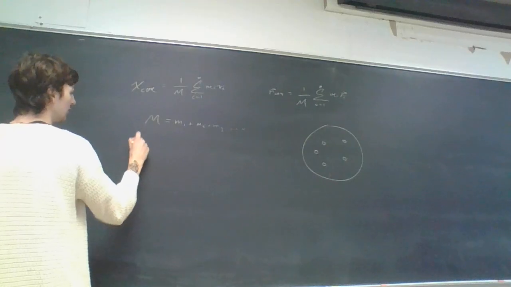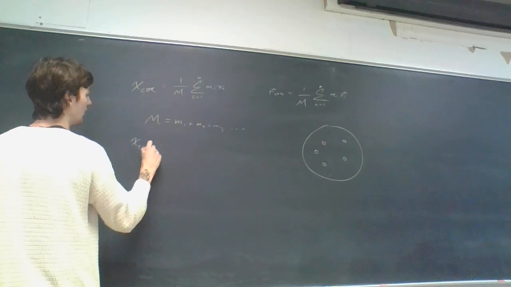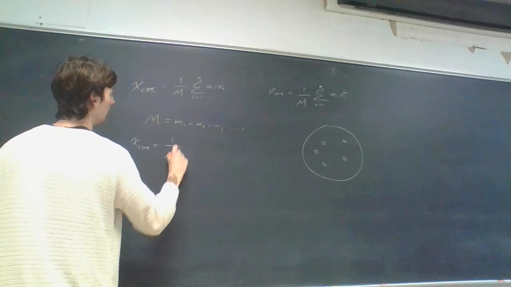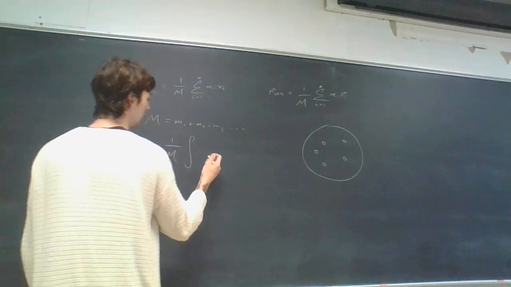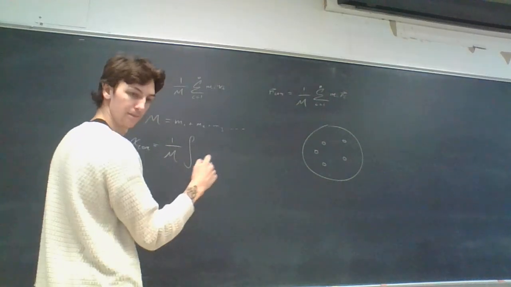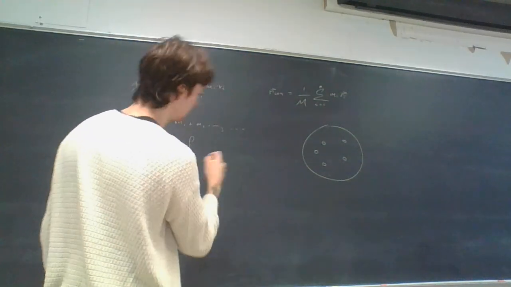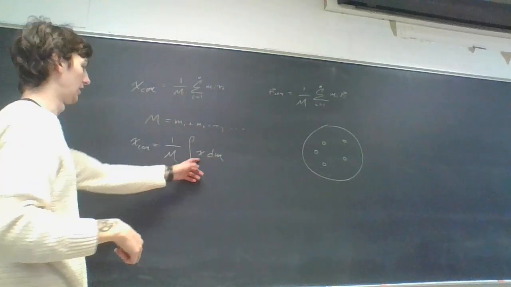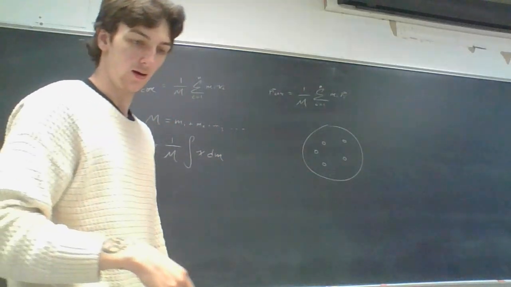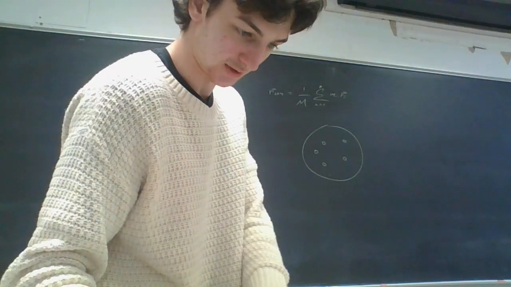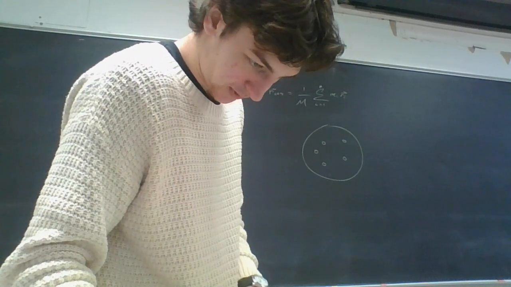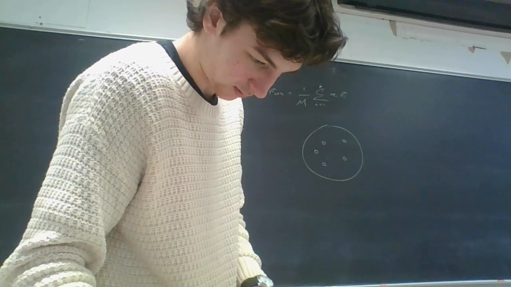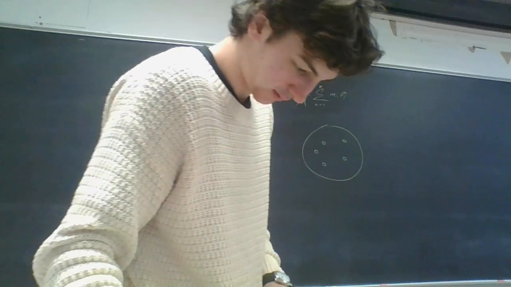And so then we get that X_COM is 1 over big M, the integral of x dm, and then y dm and z dm. Just keeping it like that.